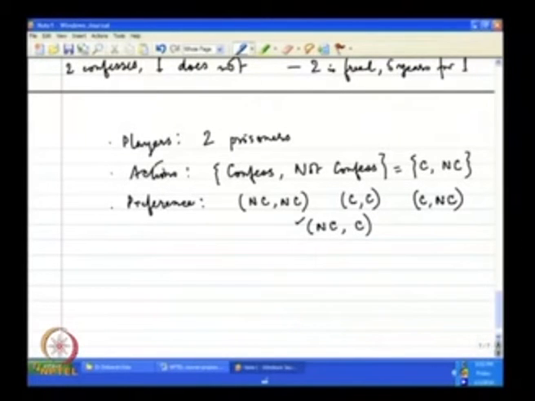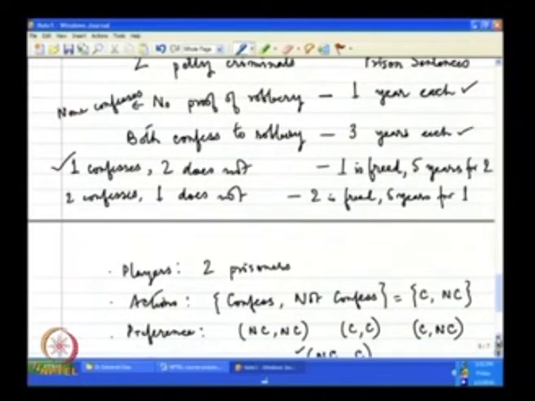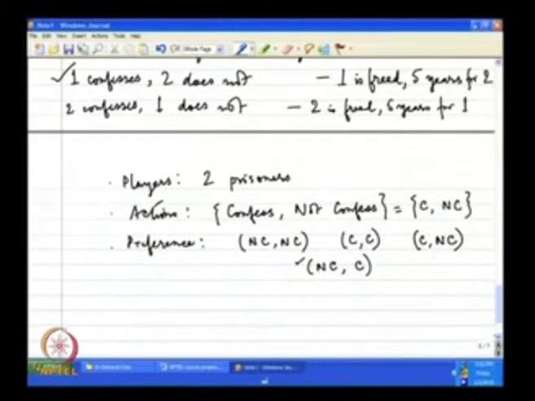The first best for the first player is that he is freed, he is not put to jail at all. And when does that happen? The first player is freed if the first player confesses and the second player does not. So this is the case of C NC. This is the action profile.